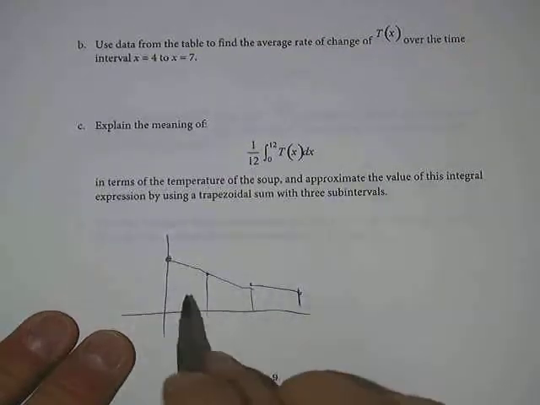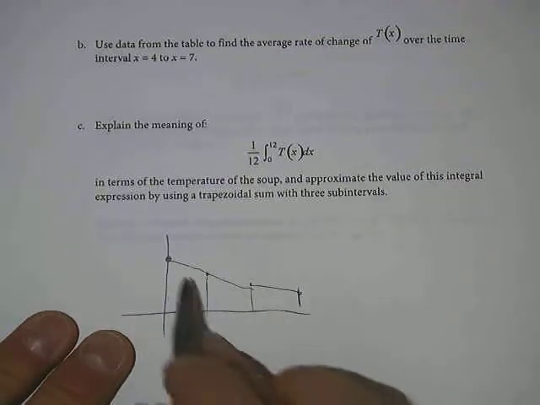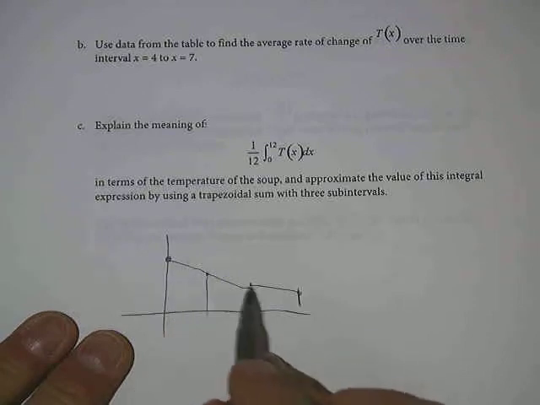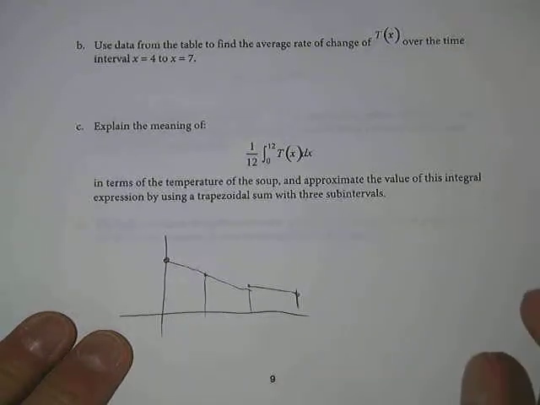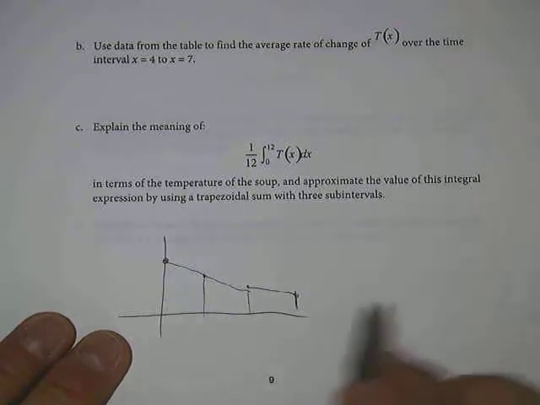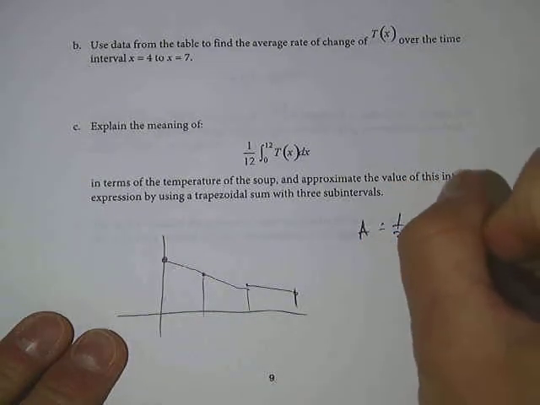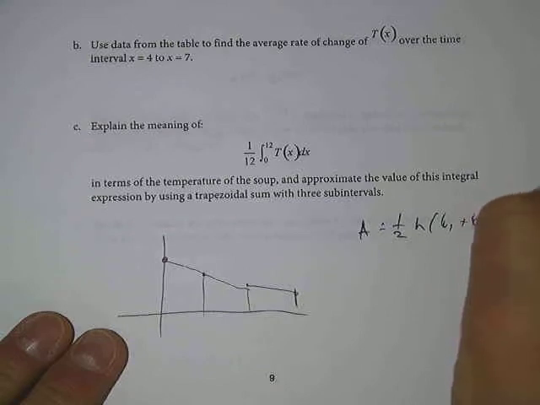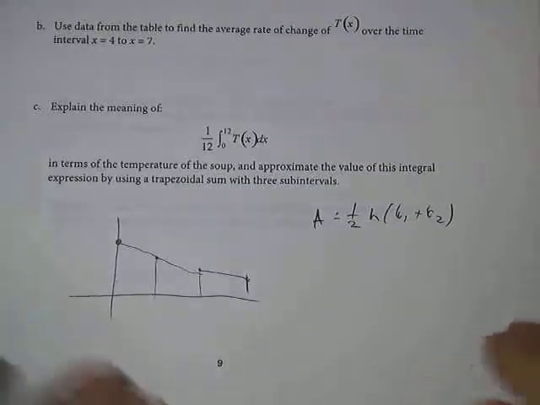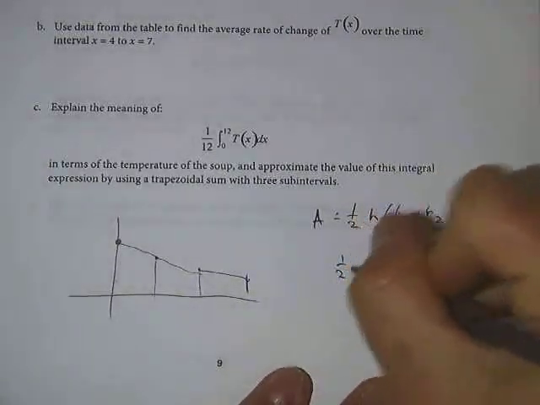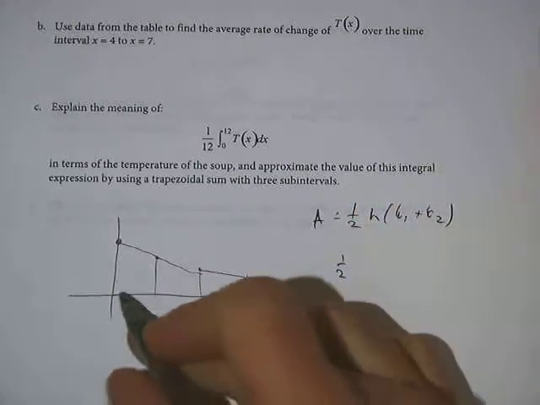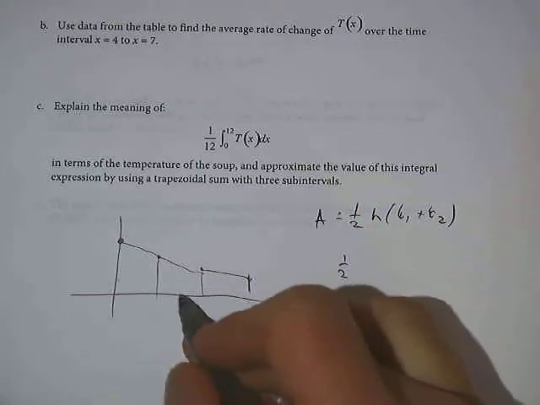We got 0, 108, and it doesn't have to be any kind of perfect drawing. We got 101 here, 99, 95. Anytime we have a non-uniform subinterval, just take the 4 points in question and connect the dots, and you're going to make 3 trapezoids out of that when you have 4 points.